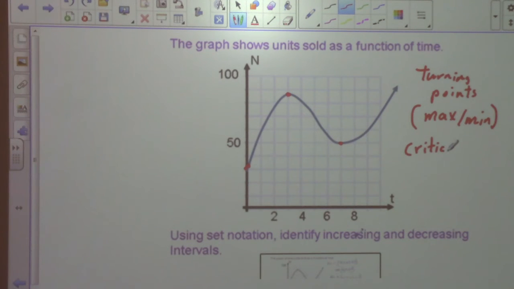I don't know if I've brought that up before. Critical numbers. Okay, what those are going to be are x values of the turning points, right? X values of turning points.